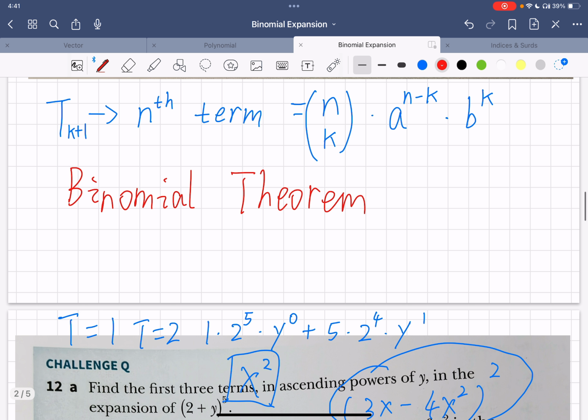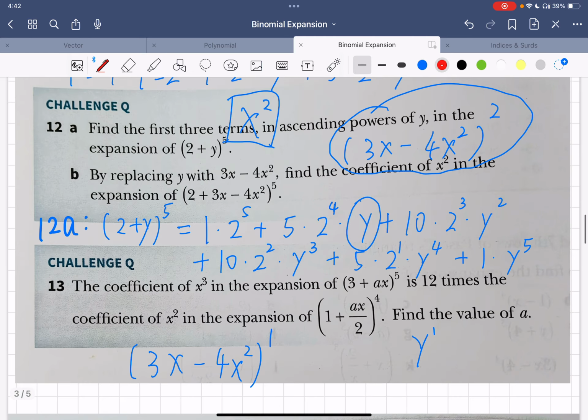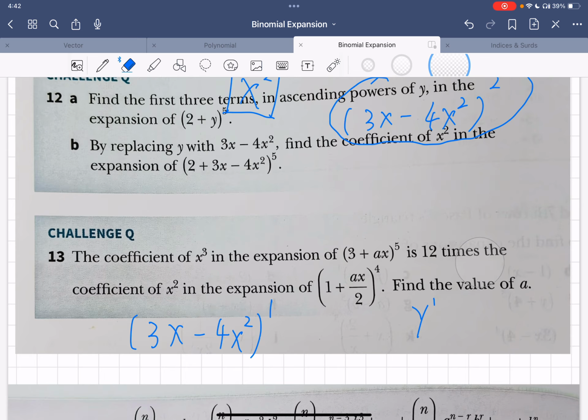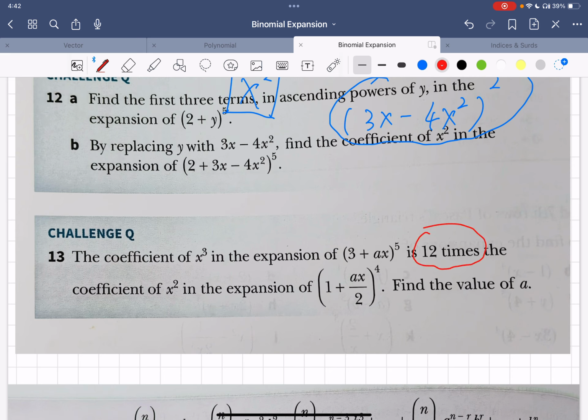Right. Before discussing detailed questions, I would like to leave a question for you guys, question 13. In question 13, you need an equation because it's 12 times the coefficient of x squared, right?